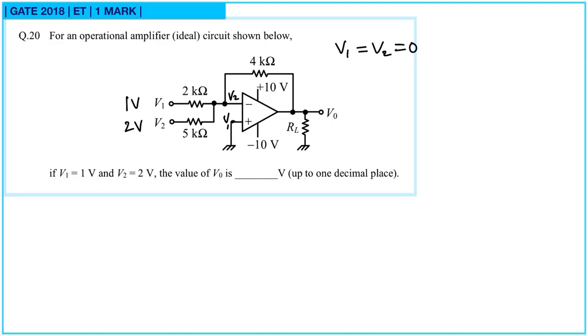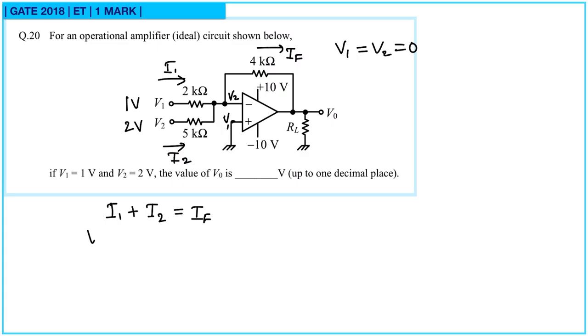Now at this point we can use KCL. The input currents: let this current be I1, this current be I2, and this current be IF. According to KCL, I1 plus I2 will be equal to IF.